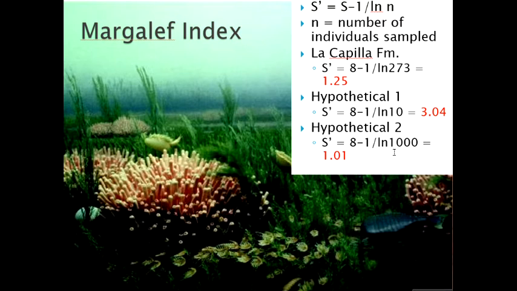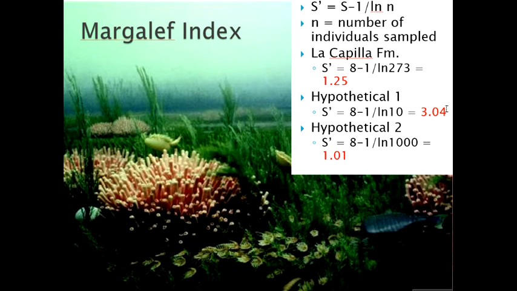Remember, when we're just counting the species richness, S, all three of these were exactly the same, 8, 8, 8. And so you might think, well, the community structure is exactly the same. But this says that there is a difference, and that this community that you sort of undersampled here is probably much higher in diversity.